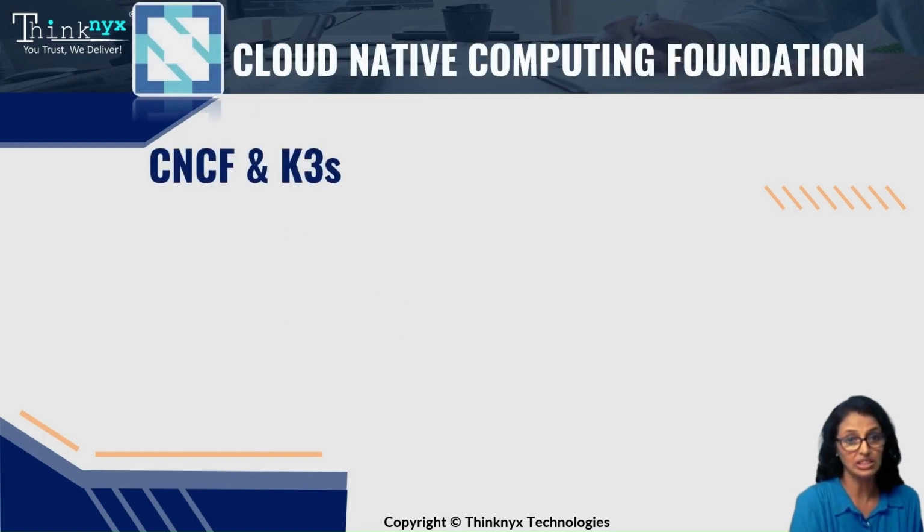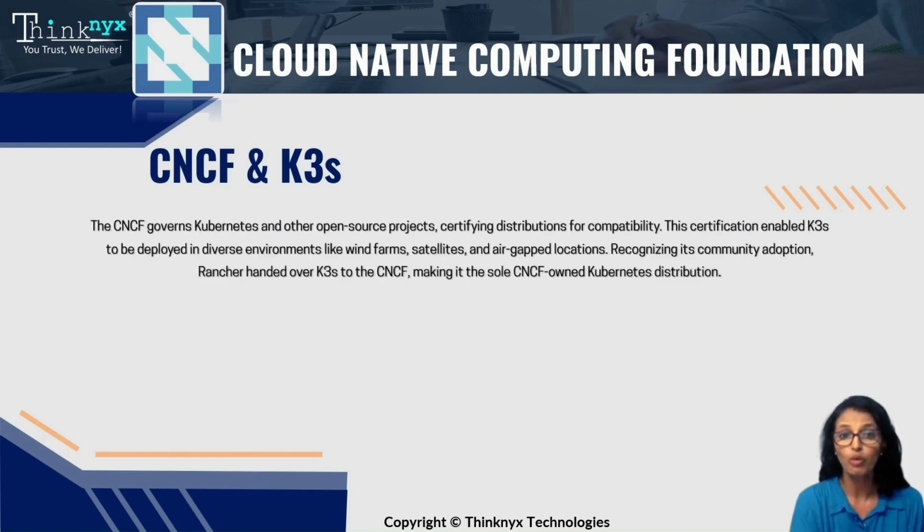K3s and the CNCF. K3s is a CNCF-conformant Kubernetes distribution, which means that a workload that runs on one certified distribution like K8s will run on another certified distribution like K3s. CNCF opened the door for K3s installation in environments like wind farms, satellites, airplanes, vehicles, and boats.